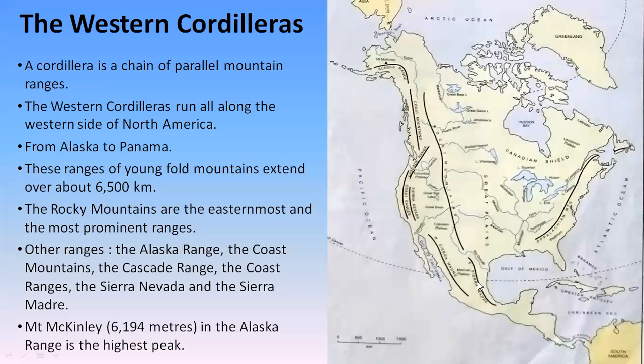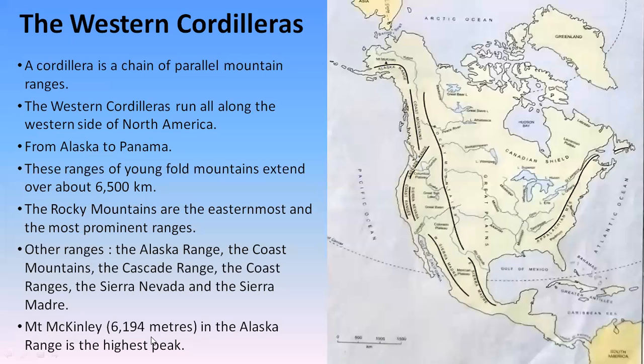These are the major mountain ranges, and altogether, from the Alaska Range to the Sierra Madre, we call them the Western Cordilleras. It is a kind of wall of mountains formed over the western side of North America.